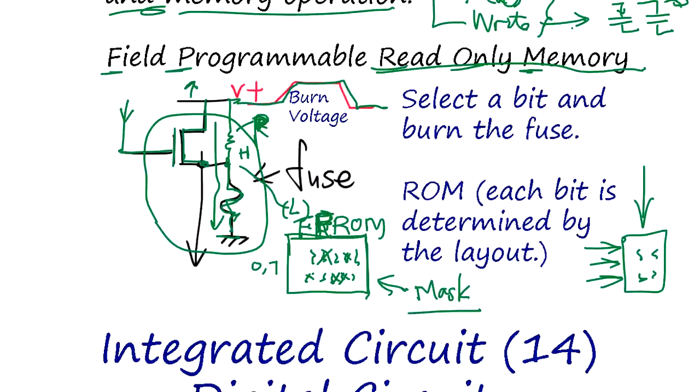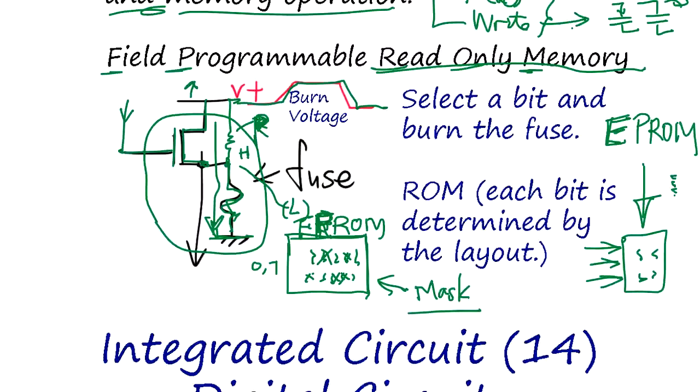Okay, and there is a ROM called EEPROM. EEPROM is not a fuse, but you apply voltage, then you charge up the channel and short circuit the transistor, and that stays for 10 years, so it's reliably used.